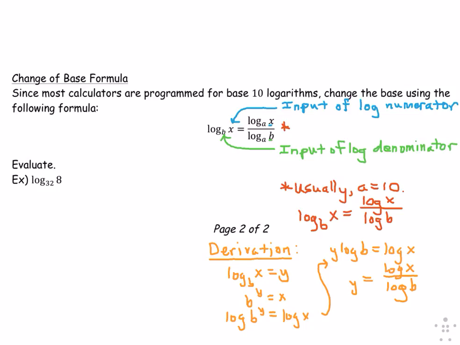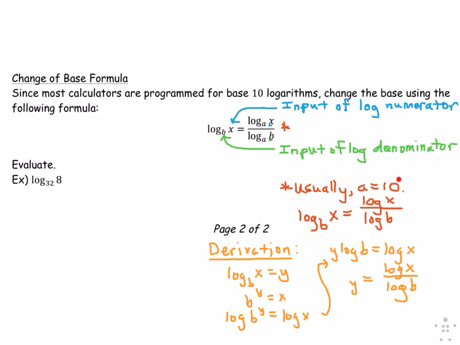So instead, we have this change of base formula that you'll want to commit to memory, and it goes as simple as this. You take the common log of the input in the numerator, and then you take the common log of the base in the denominator.